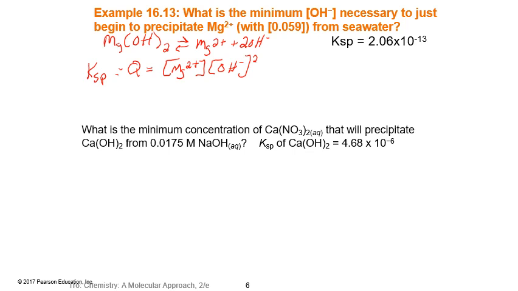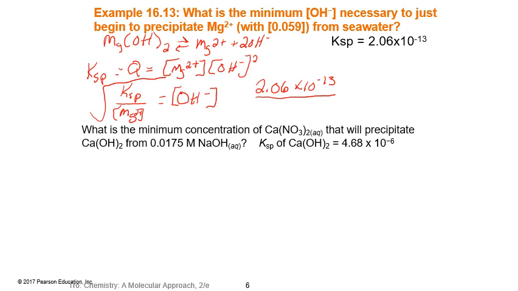So we know we're going to solve this for OH minus. And so we're going to get the KSP divided by the magnesium concentration, and that's going to be the square root so that we can get the hydroxide concentration. So now we can plug some numbers into this. We know that our KSP is 2.06 times 10 to the negative 13.